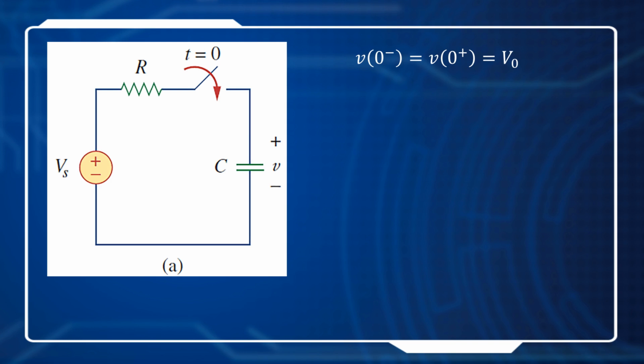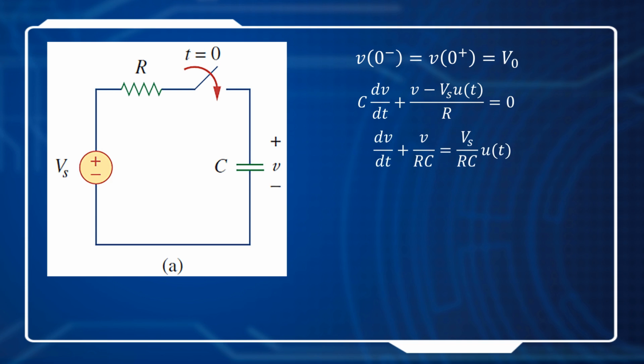And then when t is greater than 0, we can get this equation according to KCL, which is C multiplied by dV over dt plus (V minus Vs) multiplied by u(t) over R equals 0, where u(t) is the step function, which means the source is added into the circuit when t equals 0.